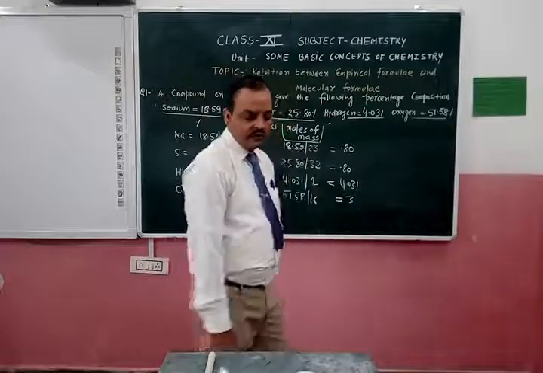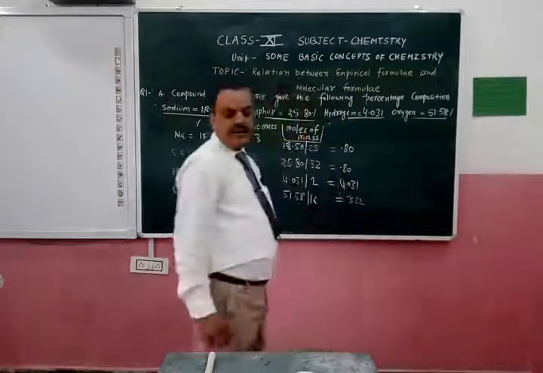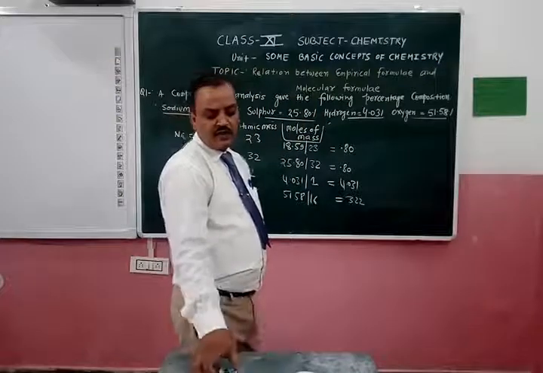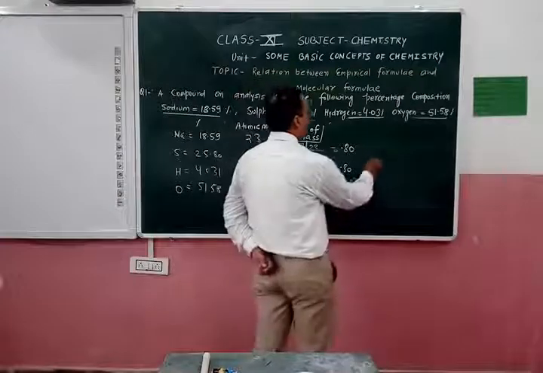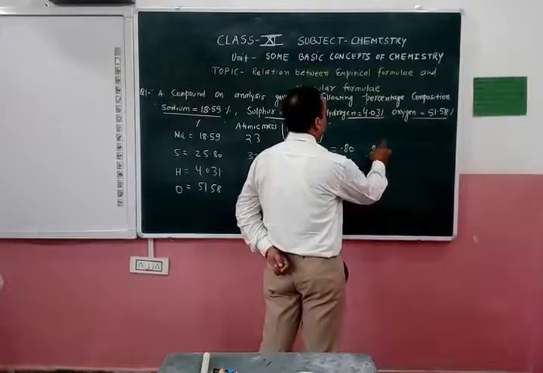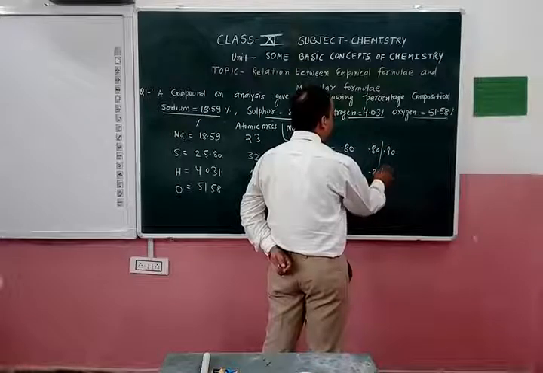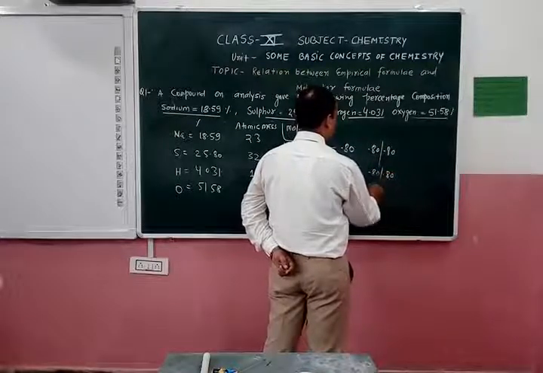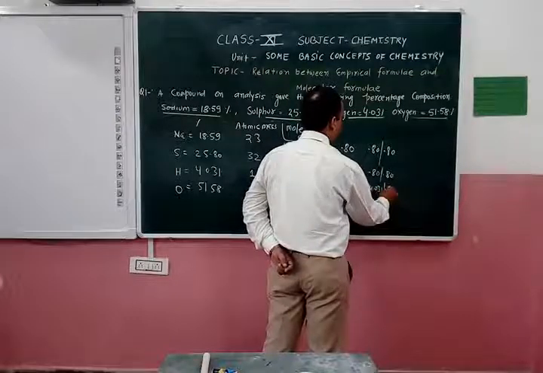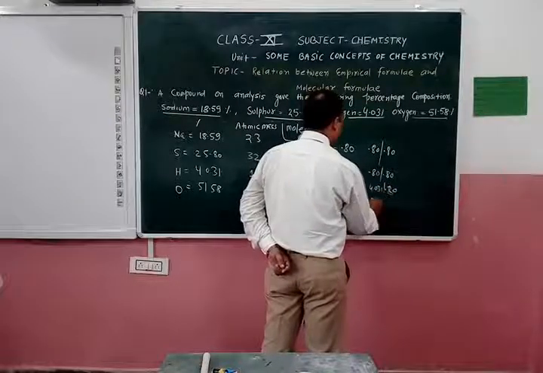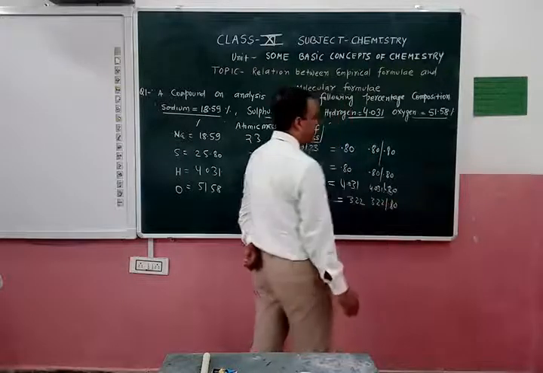Now what we do, we again divide all these given quantities by the least quantity, and this least quantity is 0.80. This 0.80, 4.031 divided by 0.80, here 3.22 divided by 0.80.